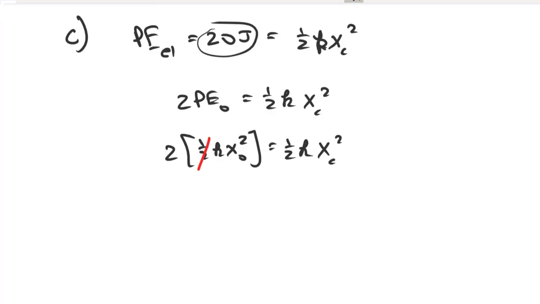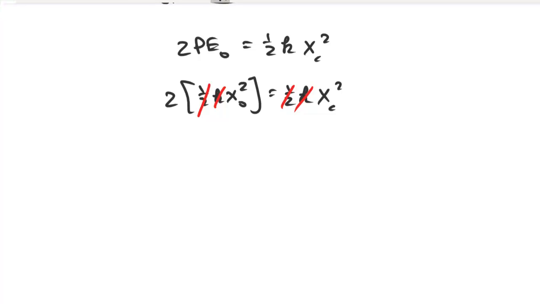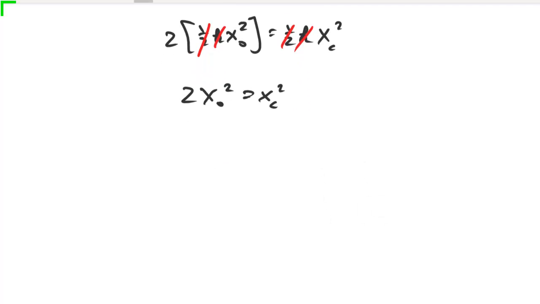I have a 1/2 on both sides, I have a k on both sides, so it cancels out. And what we're left with is that 2 x naught squared is equal to xc squared. And so the amount of stretching I need for part C, when that's squared, is going to be twice x naught squared, right?